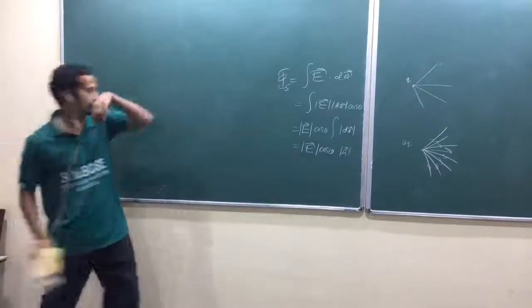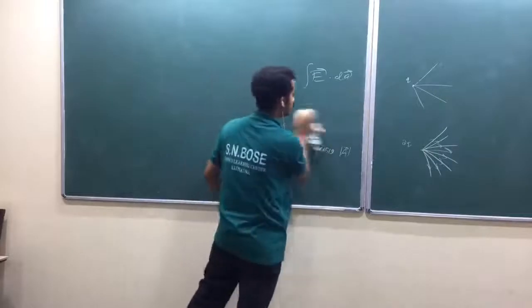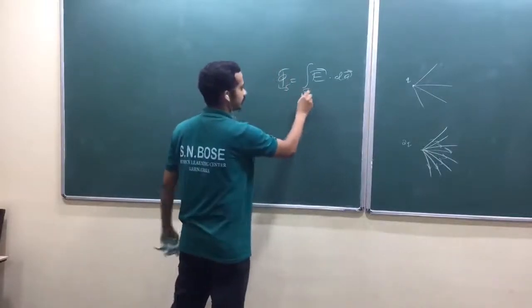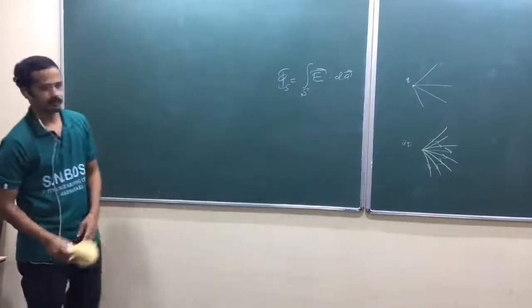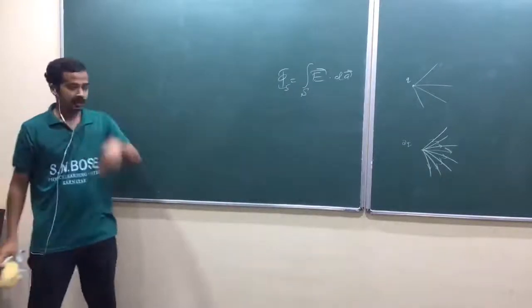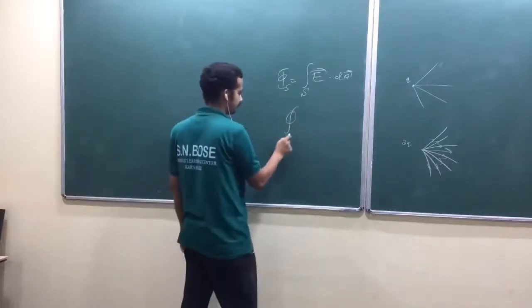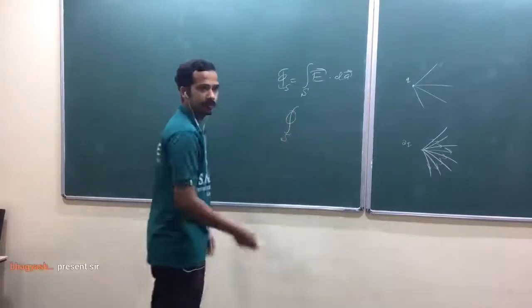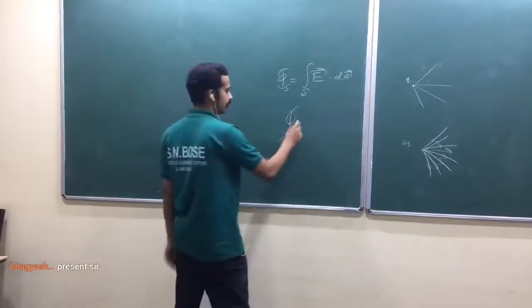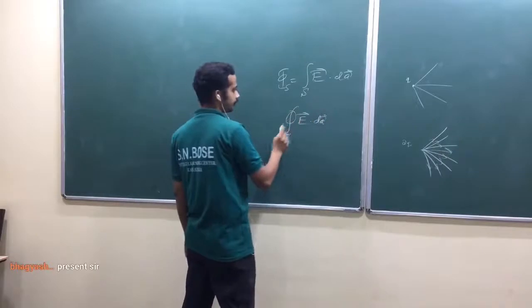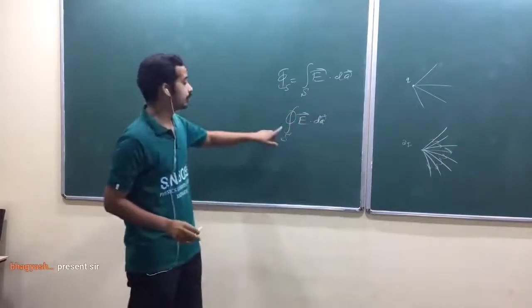But this is the most general equation. This is the flux through the surface. You have to read it like that. Okay. You better put S here, capital S. Remember, now let me take that example. So, E bar dot dA bar. What is the difference between these two? This should be a closed surface.